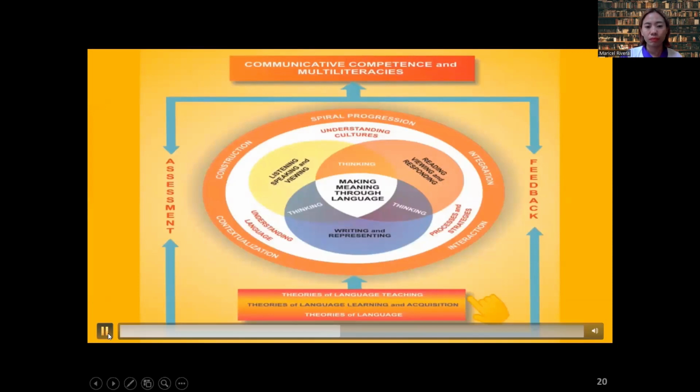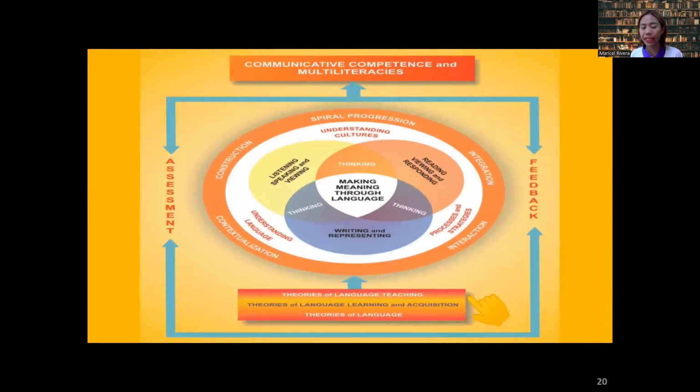Okay, always remember that the very foundation of the curriculum guide that the teachers are using in basic education is, of course, the theories of language teaching, which you guys have probably learned in your teaching of macro skills, if you had already taken up that subject. And then the theories of language learning and acquisition. We also talk about some theories of language learning and acquisition in our subject materials.